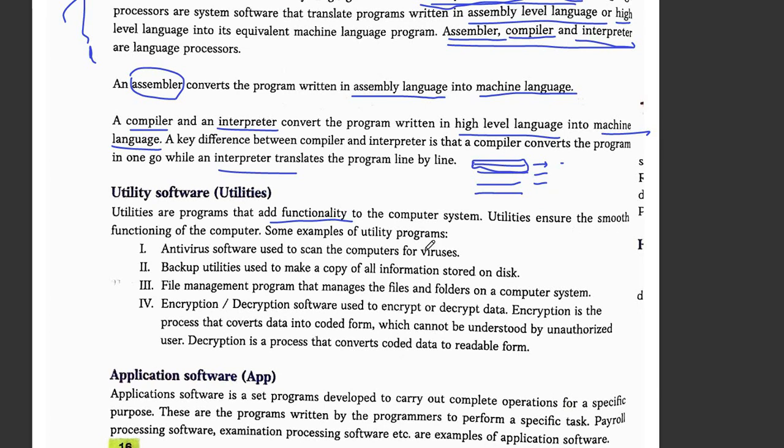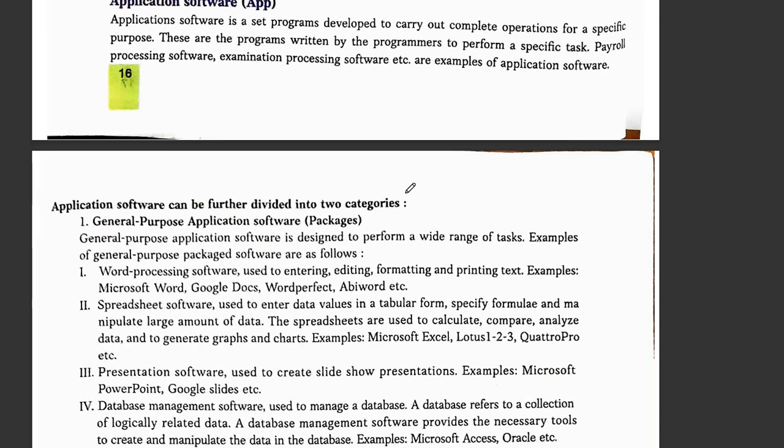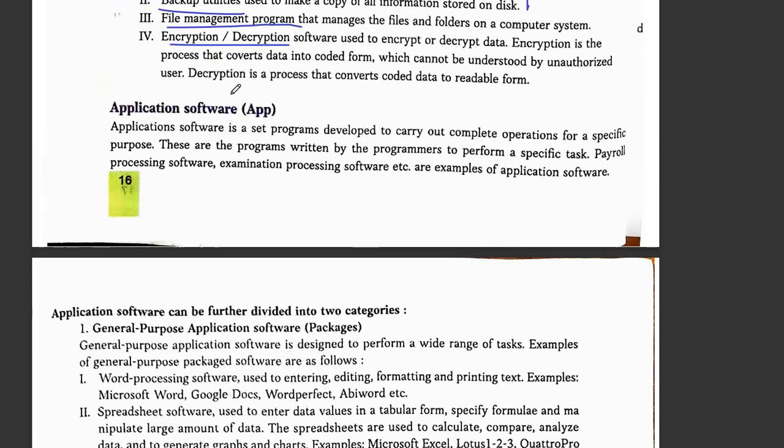Utilities ensure the smooth functioning of a computer. Some examples of utility programs are antivirus software, backup utilities, file management programs, encryption and decryption. All these are utility software. Then again, we have another type of software that is application software.